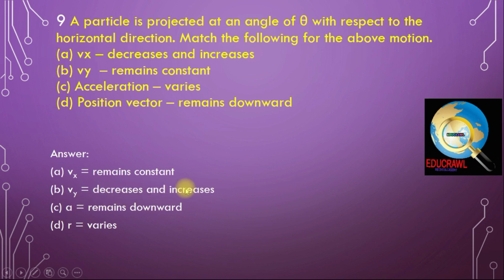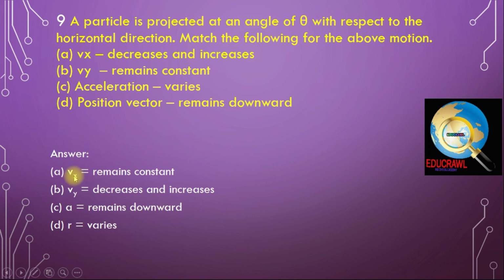So Vy decreases and then increases. And the acceleration will be in the downward direction. You throw any object, it has to come down and reach the ground only. So always the acceleration remains downward. And the position vector will be varying. At each and every point the position vector will be varying.